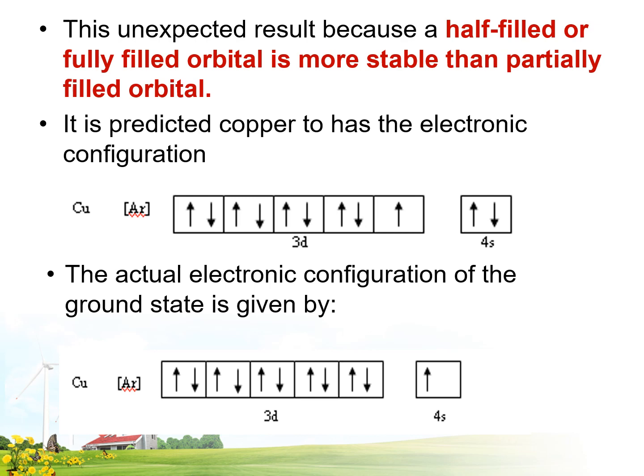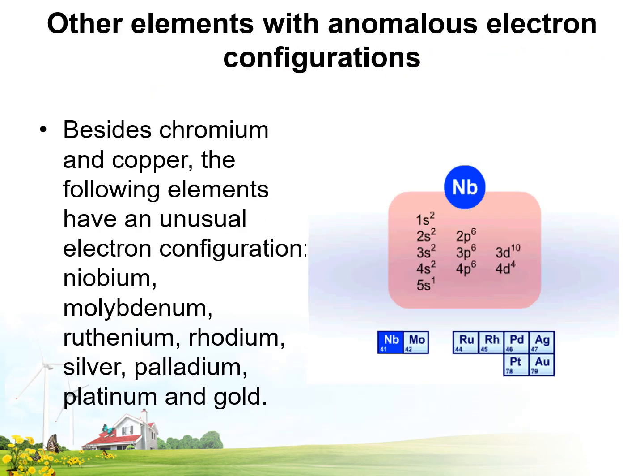So it is found that the fully filled orbital for copper is more stable than partially filled orbitals. Besides chromium and copper, other elements with anomalous electronic configurations are niobium, molybdenum, ruthenium, rhodium, silver, palladium, platinum, and gold.